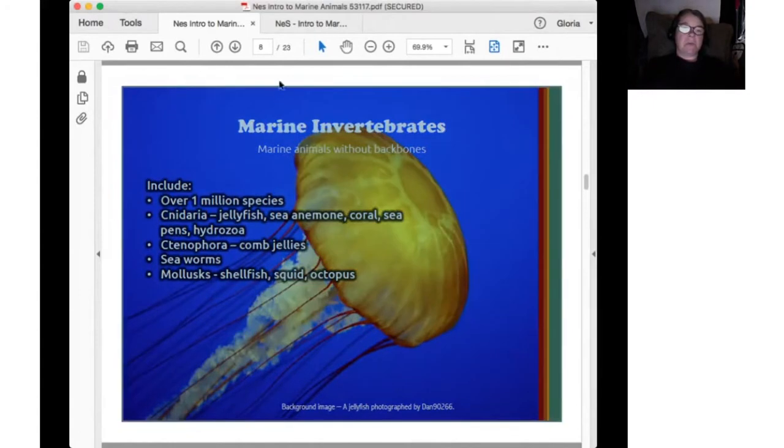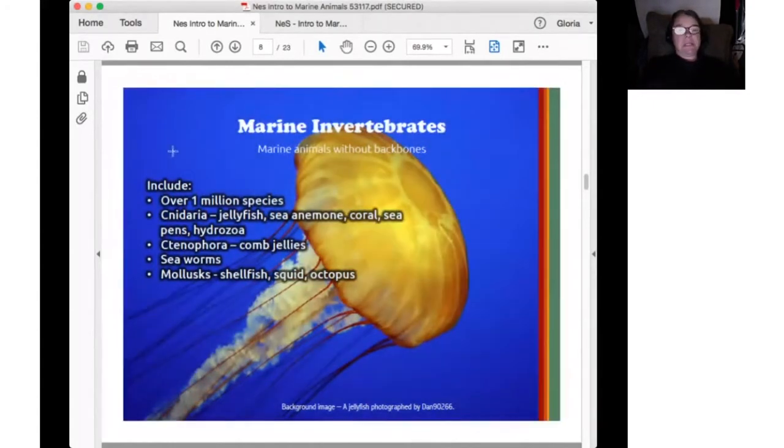Okay, so marine invertebrates include over 1 million species, including cnidaria, such as jellyfish, sea anemone, coral, sea pens, and hydrozoa. Ctenophora include comb jellies. And comb jellies sound like they would belong with jellyfish, but they are a different species in their own group.